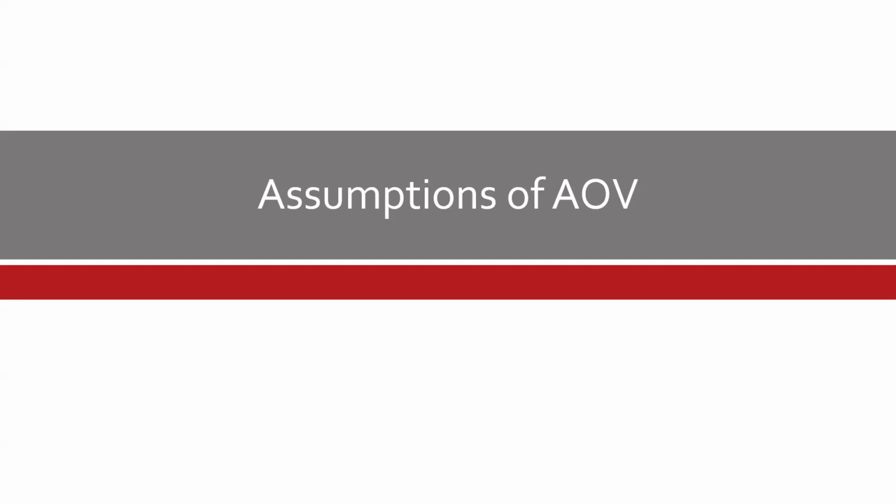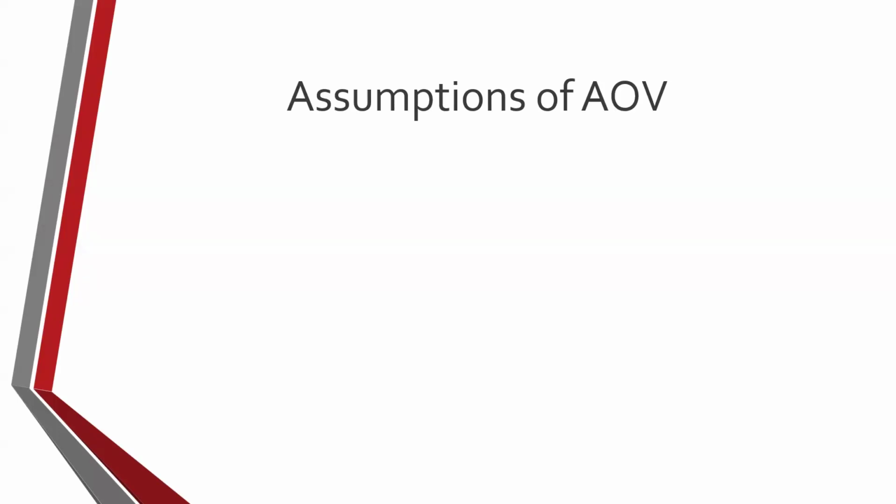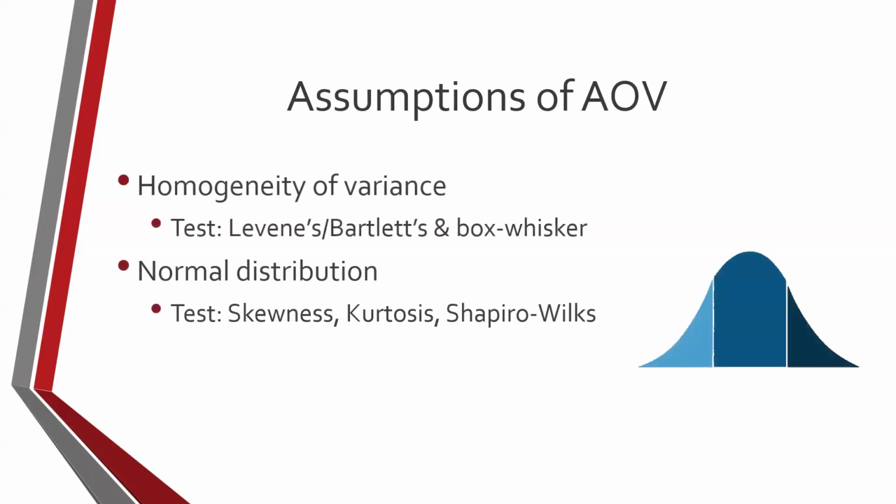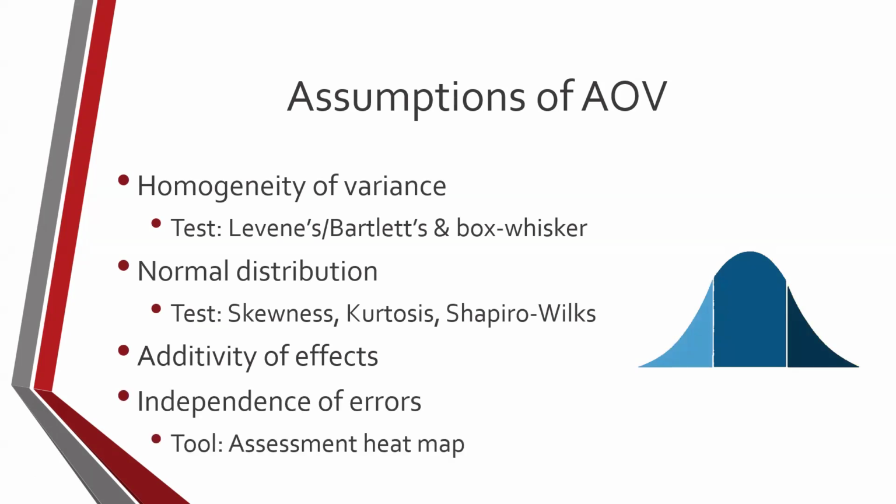And so that ends up being today's focus, those assumptions of AOV. We covered these in great detail in our first session, so I won't go through each one, but we talked about the different assumptions, and at least the first two, the homogeneity of variance and the normal distribution, those two we have some statistical tests that we can run.